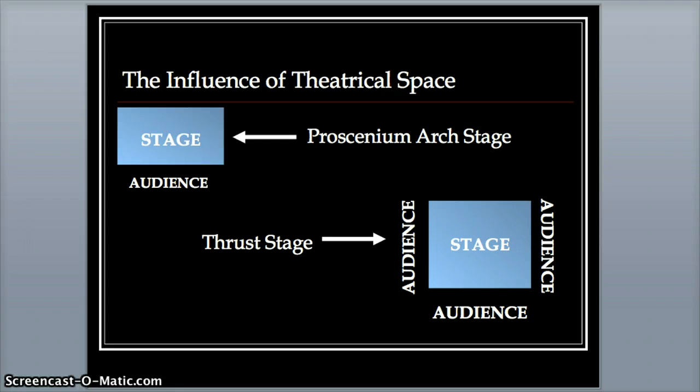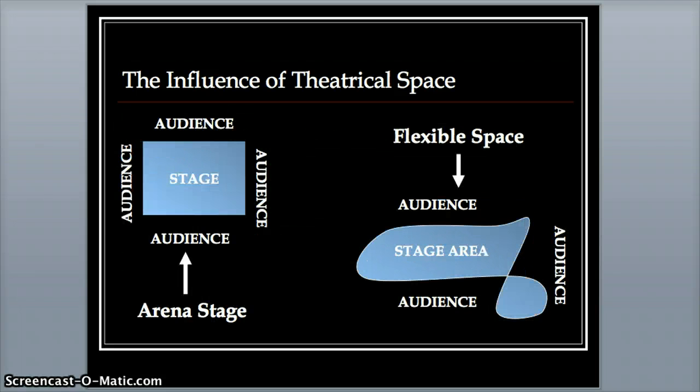In a thrust space, you'll see that the audience surrounds more of the main acting area, even though within the context of the thrust stage there is also often a proscenium and a stage house, but we'll talk again more specifically in a slide or two. A little illustration of an arena stage.